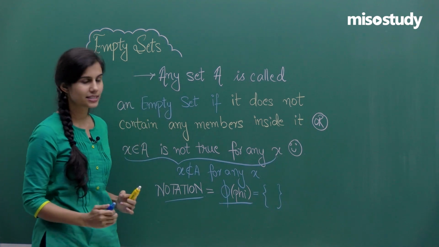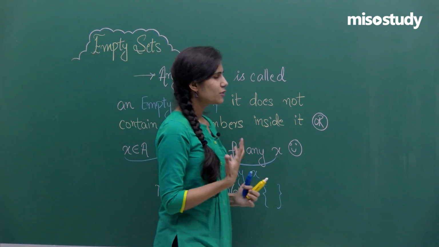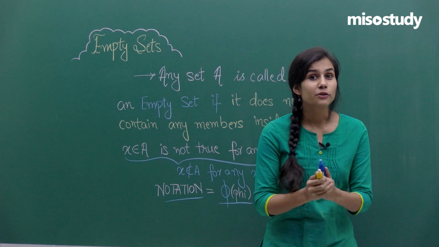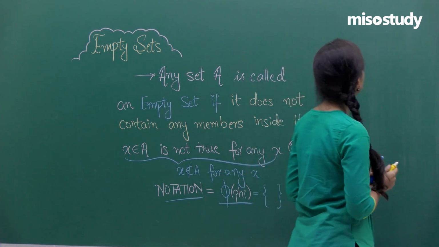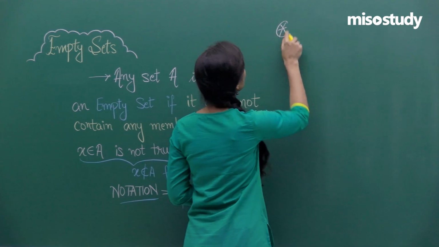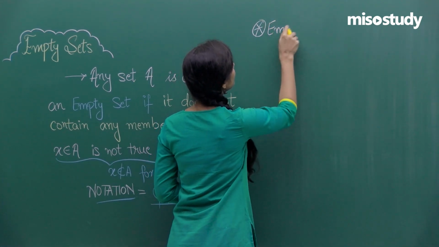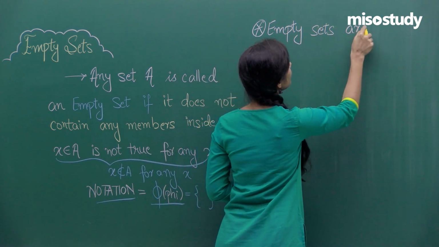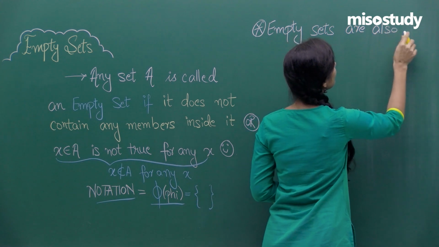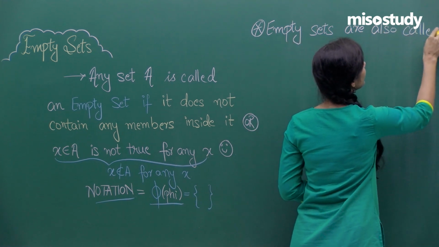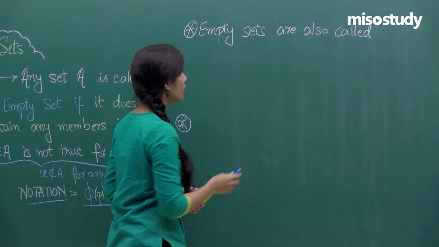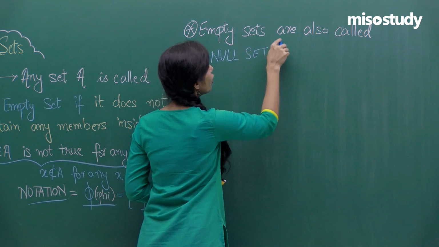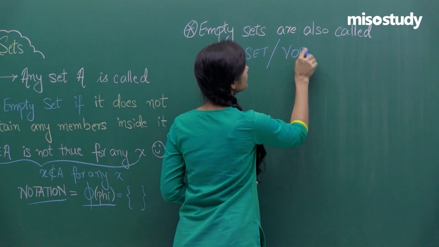Okay? Let me tell you that once these empty sets were studied, there were two more special names given to empty sets. These names were: empty sets are also called null set or void set.